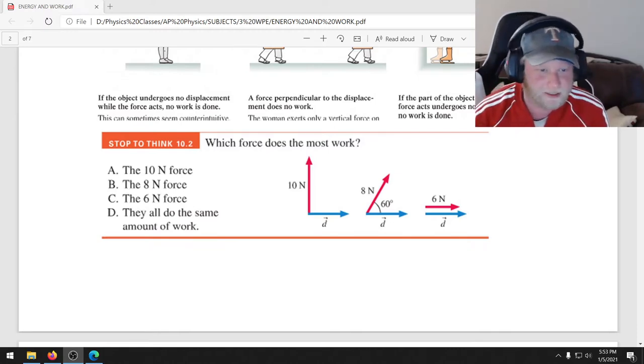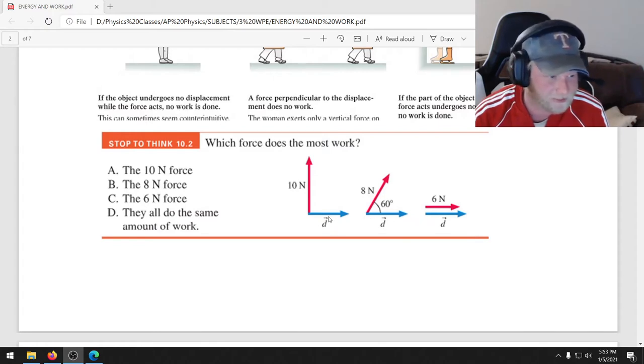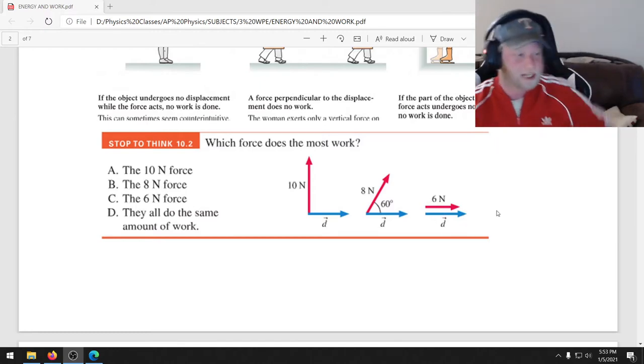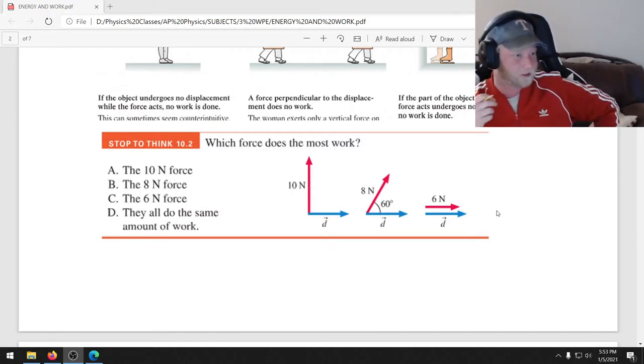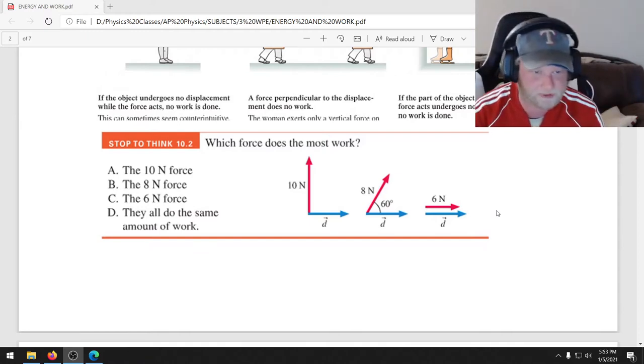Alright, so the key here is we know that the displacement for all of these is the same, right? So if all of these undergo the same displacement, what we really need to be looking at is how much of the force in each one of these scenarios exists in the same dimension as your displacement. Whichever one has the greatest amount of force existing in that horizontal dimension will experience the most amount of work done on it by that force.